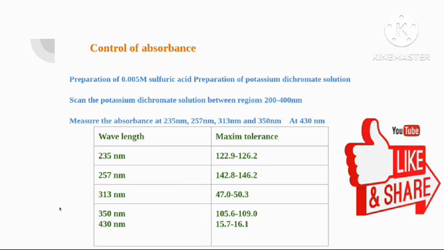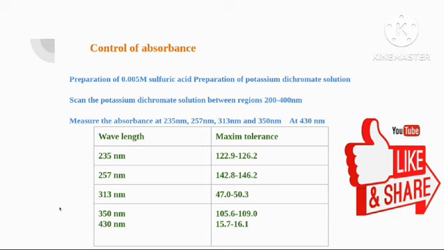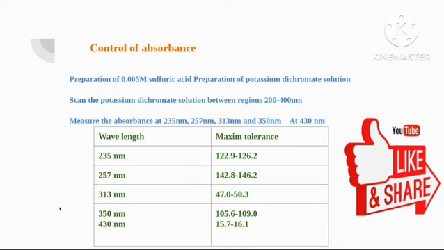Here you will notice that for the 430 nm wavelength, the preparation of potassium dichromate has a small difference. Here we will take 57.0 to 63.0 mg of potassium dichromate into 100 ml of 0.005 molar sulfuric acid for 430 nm.